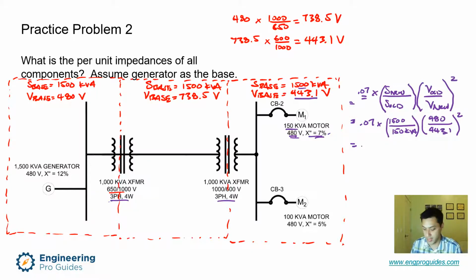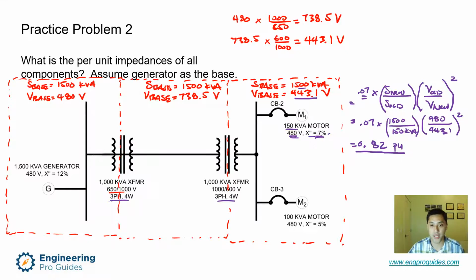So I'm going to put that into my calculator. 0.07 times 1500 divided by 150 times 480 divided by 443.1 quantity squared. I'm going to get a new impedance of 0.82 per unit.